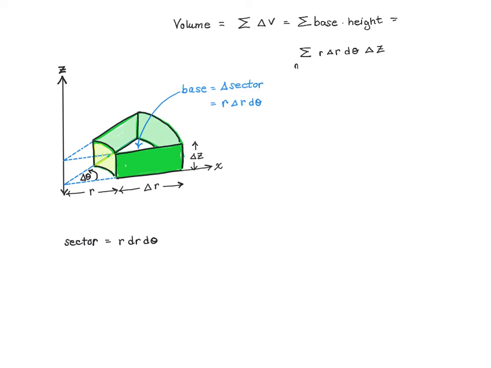And we're going to add this up from n equals 1 to infinity. And of course, we want to know what this entire volume is. This is going to give us our entire volume. So for this, we're going to use integration, because integration is taking the limit as n goes to infinity of summing all of our delta volumes.